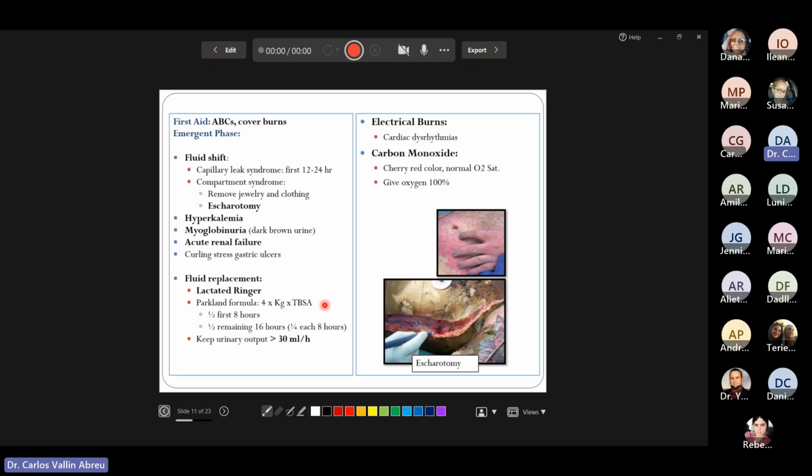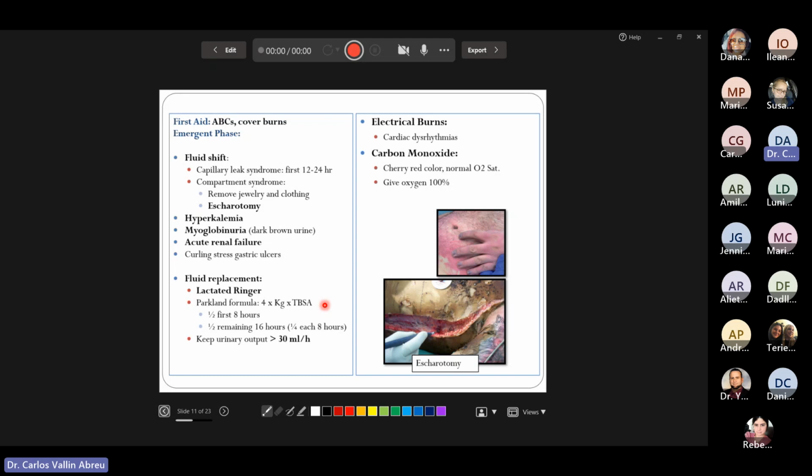And this is the volume in milliliters of liquid that must be administered in the 24 hours after the burn, starting immediately after the moment of the burn.